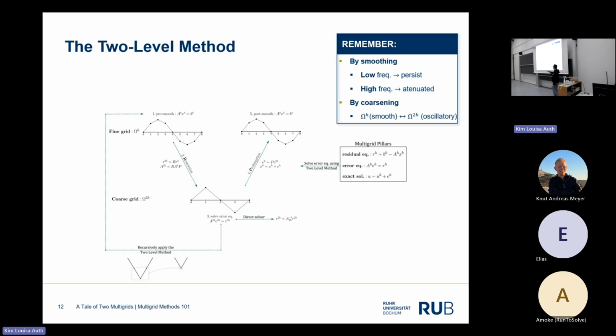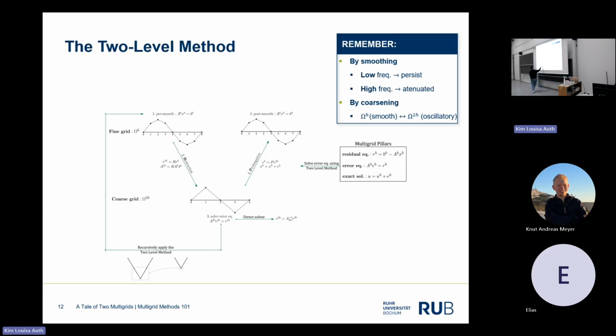After that we restrict the smooth error to the coarse grid, where it becomes oscillatory, and then recursively we can reapply the algorithm again and again until we reach a point where the system is small enough that we can apply a direct solver. And after solving the system, we can prolongate back to the initial fine grid. And finally, we end up with a V-like algorithm.